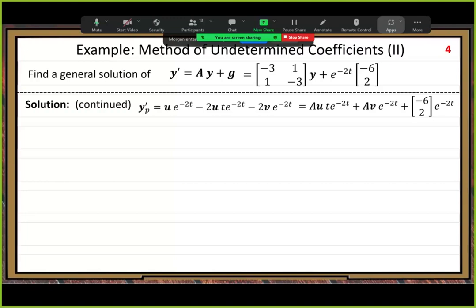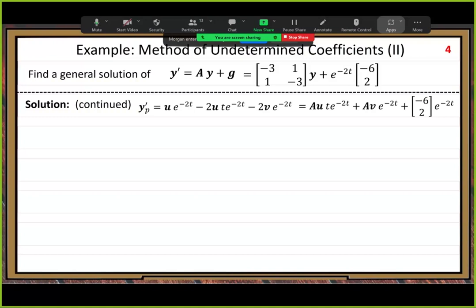Remember, I talked about a view we used before, using vectors as coefficients. When you look at the formula, it's a long formula, but treat the u vector as a coefficient of this e function. Vector as a coefficient, because it's a constant vector. 2u here, negative 2u, coefficient for the second term, and so on.